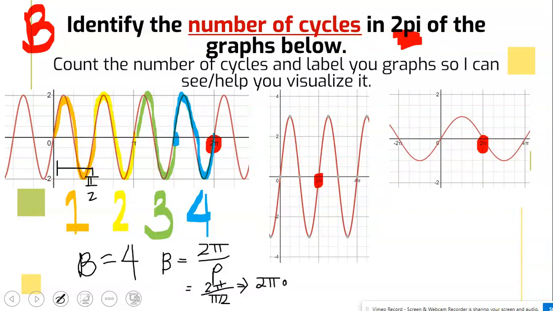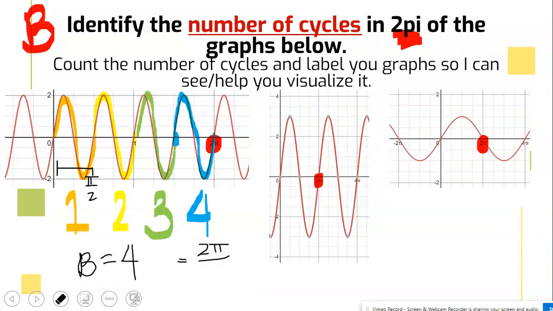Keep 2 pi, change division to multiplication and flip it to 2 over pi. These pi's cancel. 2 times 2 gave us 4. Look at how many we counted: 1, 2, 3, 4. So the formula works. Or we could have worked backwards and found the period length too. We could have said, not only does B equal 2 pi over P, but we could have switched this up.